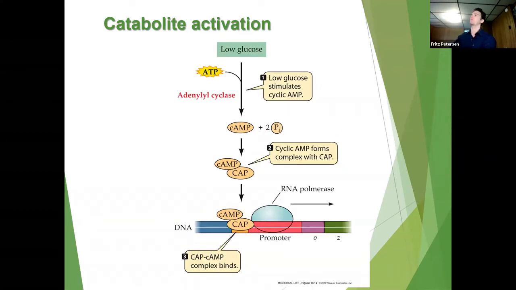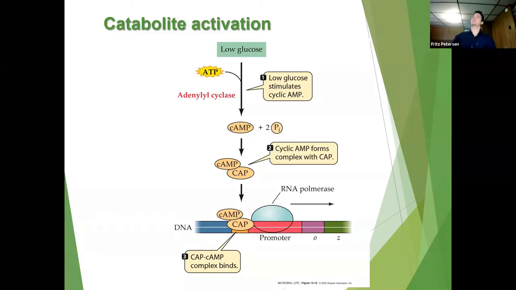This cyclic adenosine monophosphate is required to form that complex. The cAMP-CAP complex will increase the affinity for RNA polymerase to bind to DNA, thereby increasing transcription by approximately 50 times, I read in a certain source.